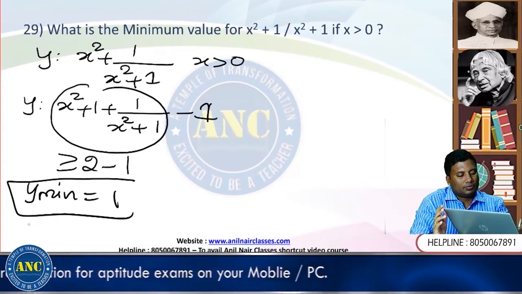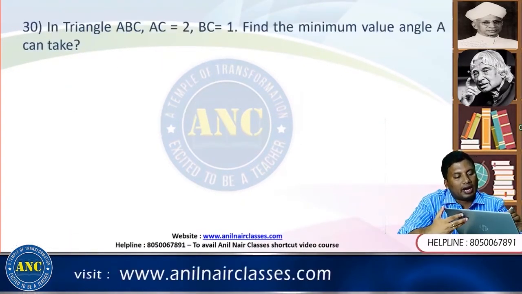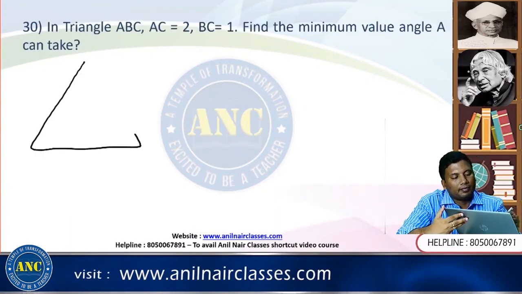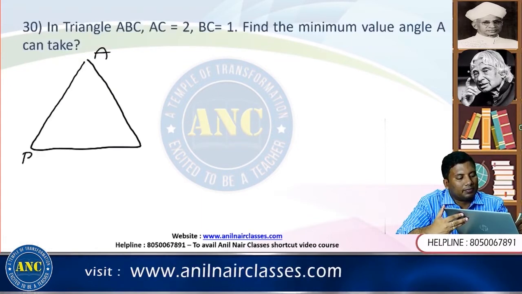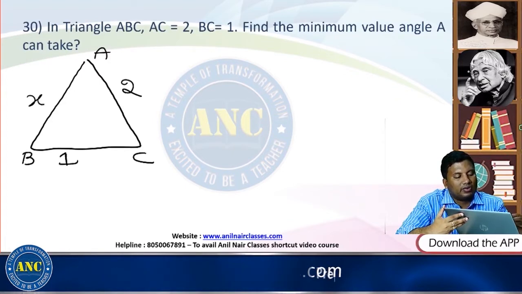30th question. Another beautiful question. In triangle ABC, AC is equal to 2, BC is equal to 1. This x we don't know.